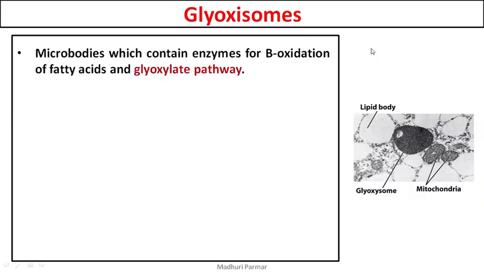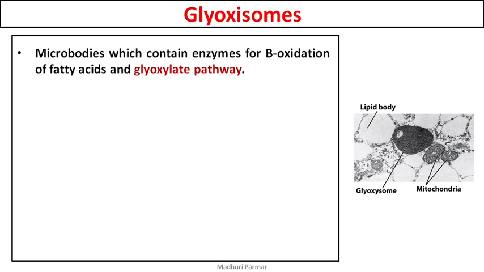The last type of microbody is glyoxysomes. Glyoxysomes, as the name suggests, perform the glyoxylate pathway. They are microbodies which contain enzymes for beta oxidation of fatty acids.